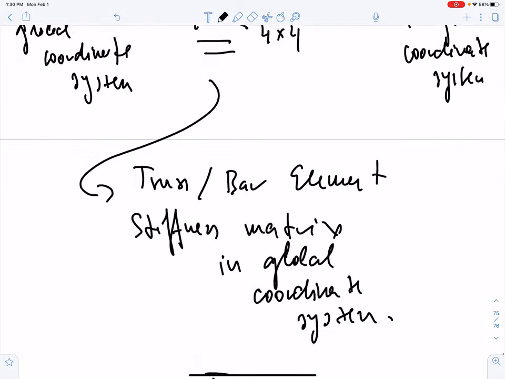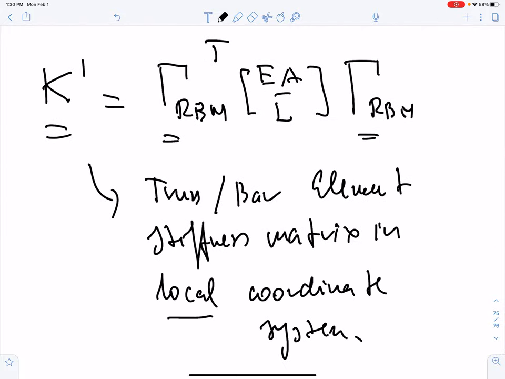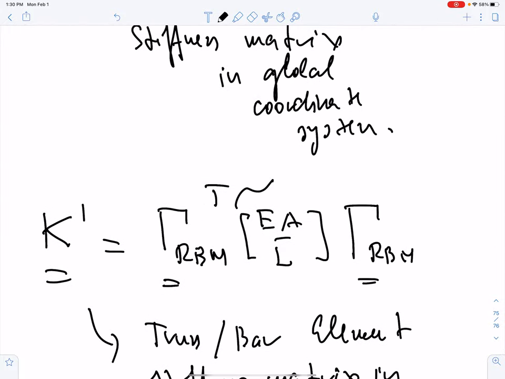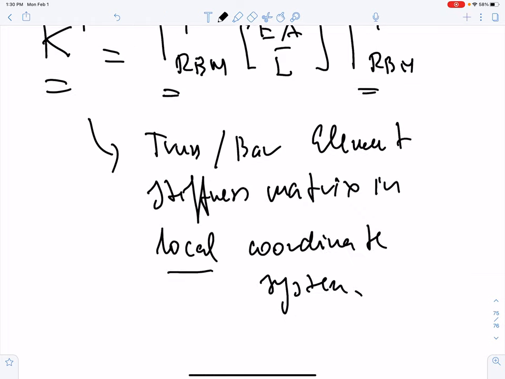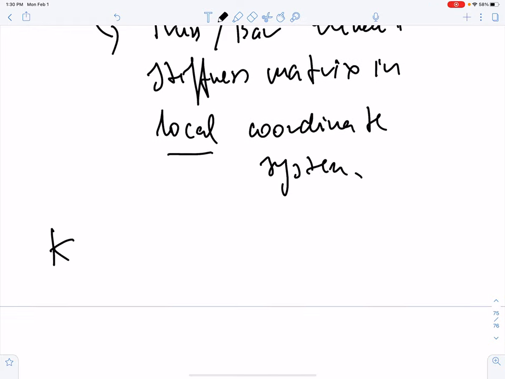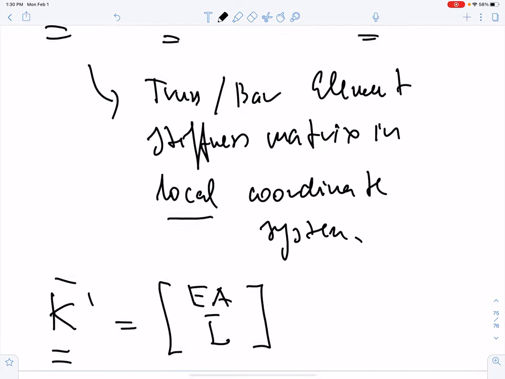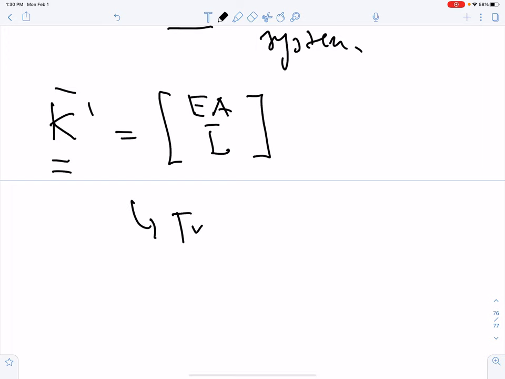As you can see, the object that emerges in the center here is our kappa prime over bar matrix, okay? And then kappa prime over bar is just EA over L, and this is a truss or bar stiffness matrix.